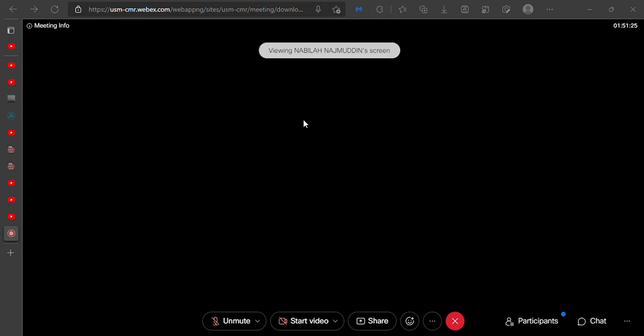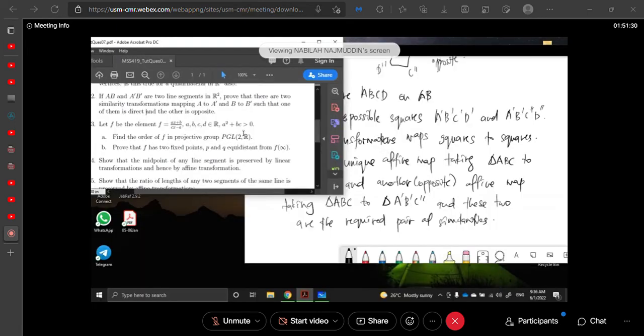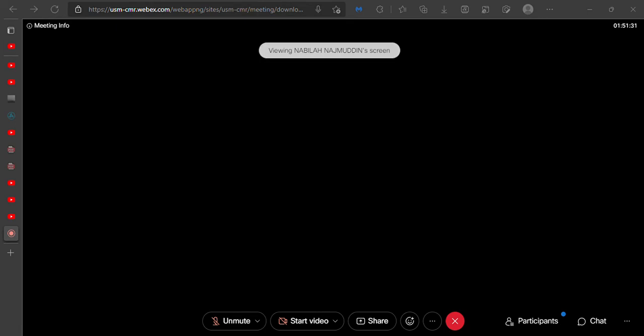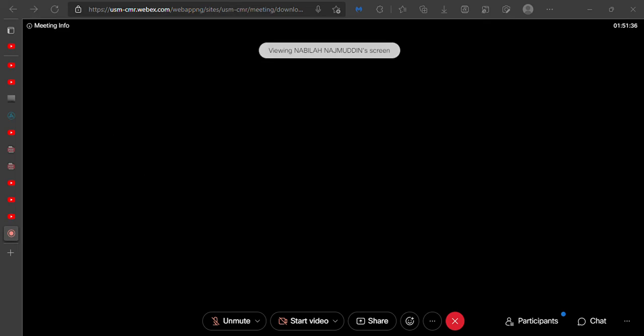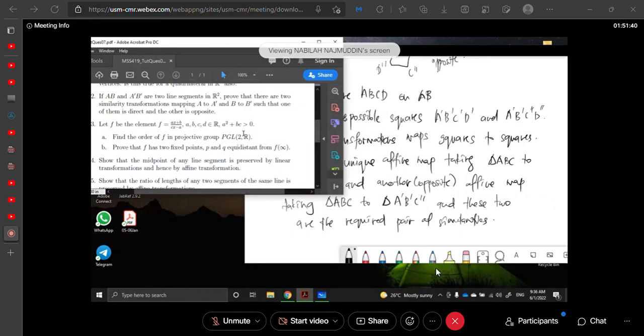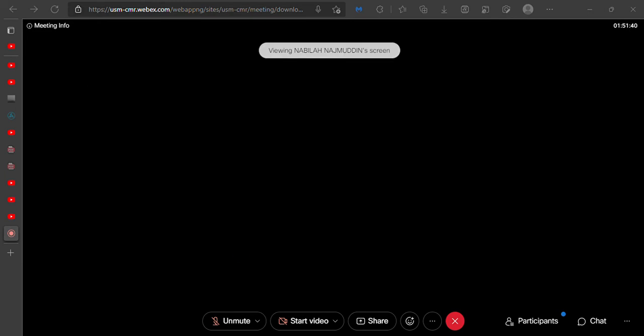So number 3, let F be the element F. Find the order of F in the projective group. Okay, projective GL2R is just a notation, don't be scared of it.